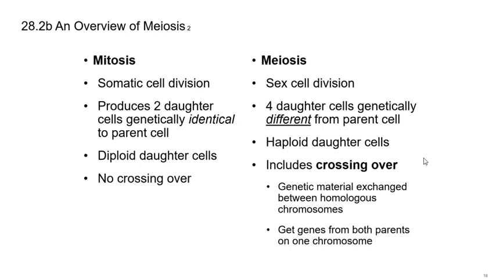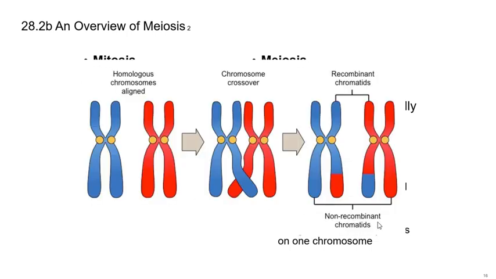Right? So this crossing over is this process of the homologous chromosomes, so meaning the chromosome from the paternal side, from the father, and the maternal chromosome from the mother. There are exchanges, there are swaps of small segments of DNA that results in the two chromosomes now being slightly different than they originally were.